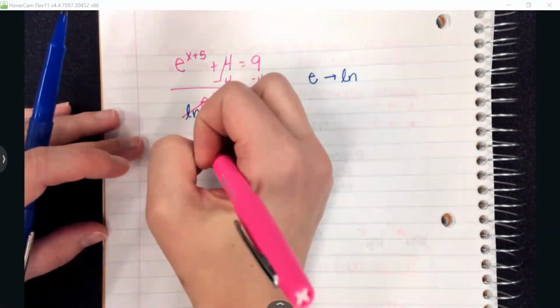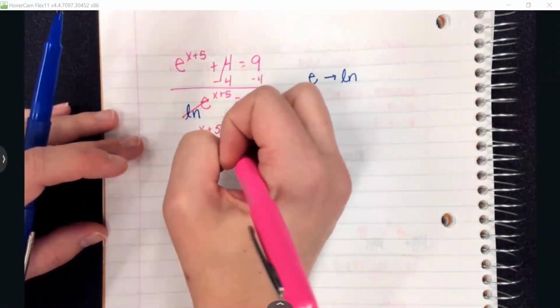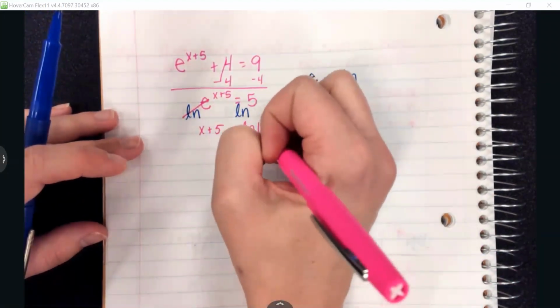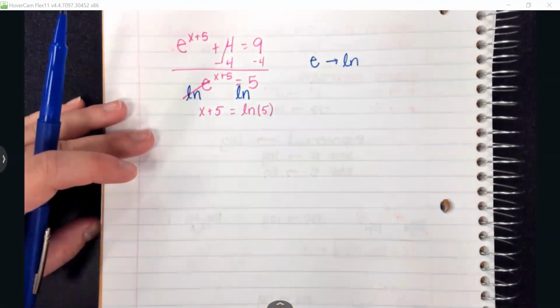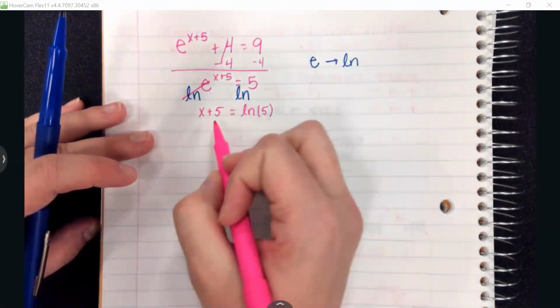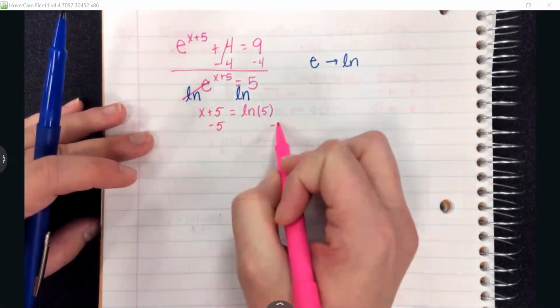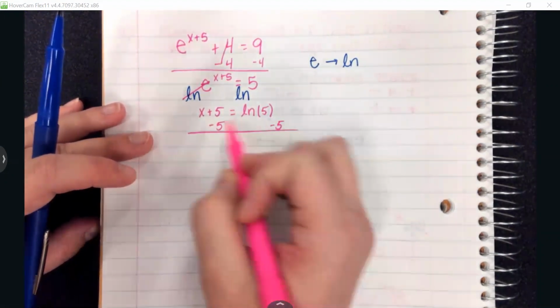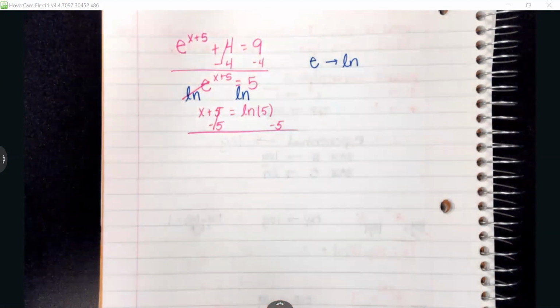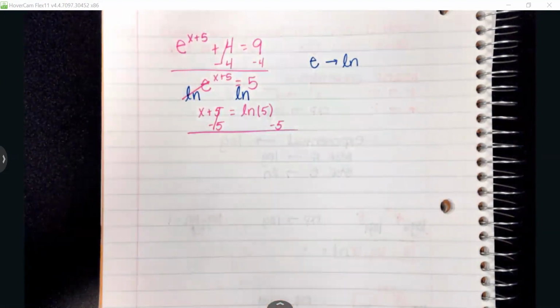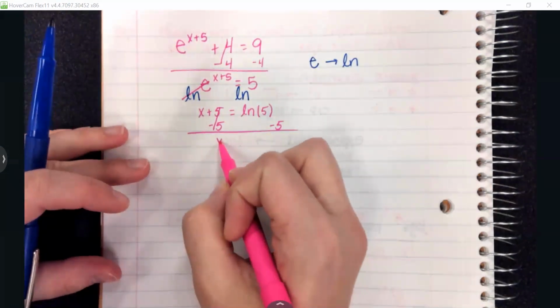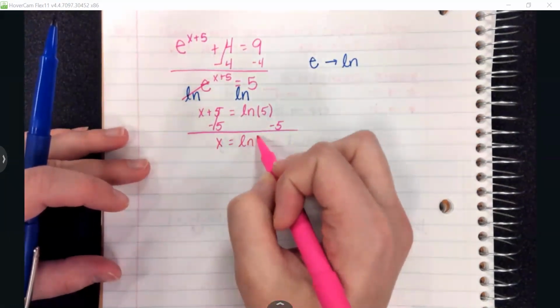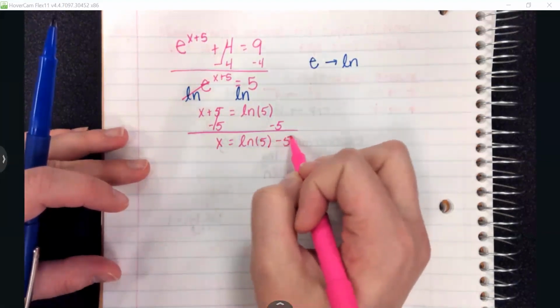So I have x plus 5 equals ln of 5. I'm going to get x all by itself, so I'm going to subtract 5 to both sides. Am I actually subtracting 5 from the ln? No, it's just going to sit outside. So what does x equal? ln of 5 minus 5.